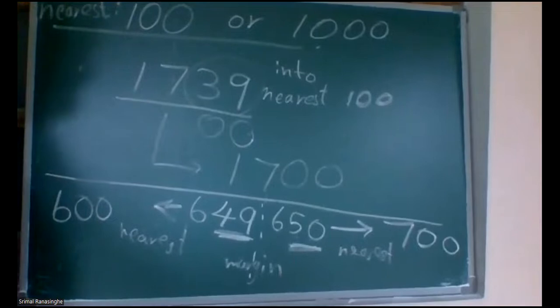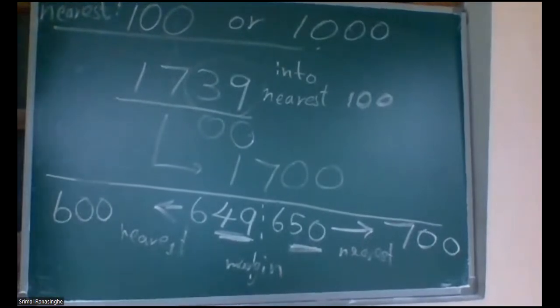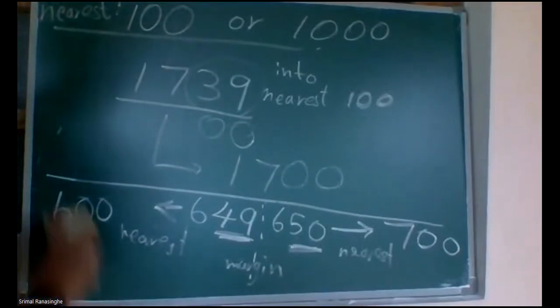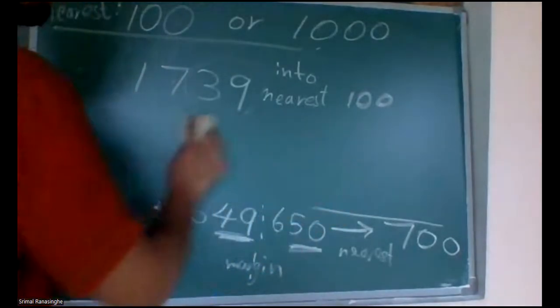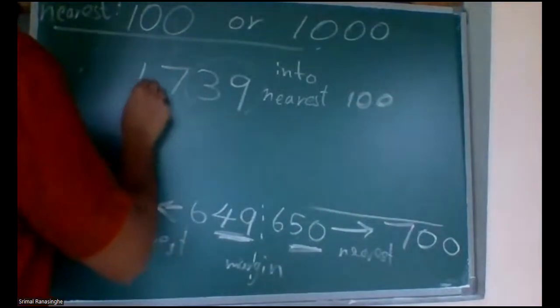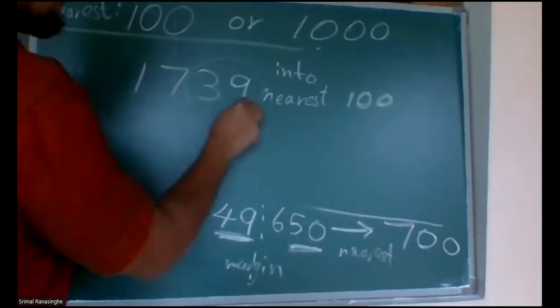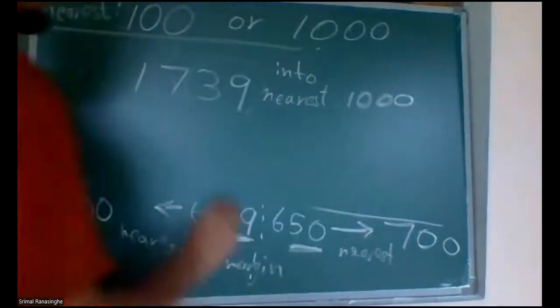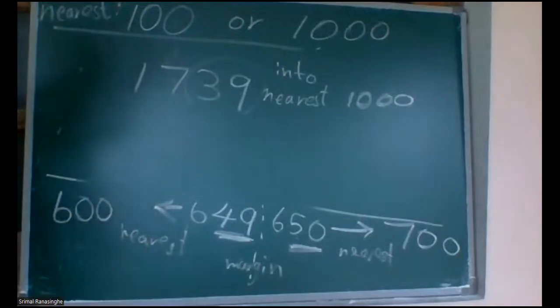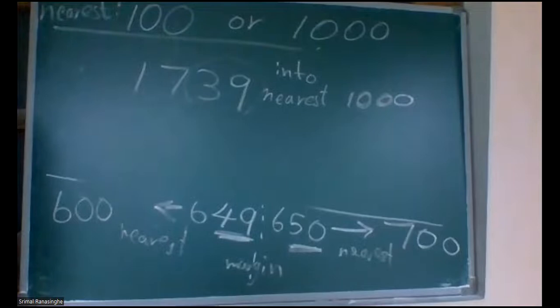Then same thing I'll apply for nearest 1000, right? Nearest 1000. Let's see the nearest 1000 here. 1739 into nearest 1000. What do you think?